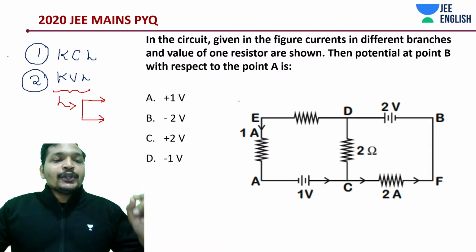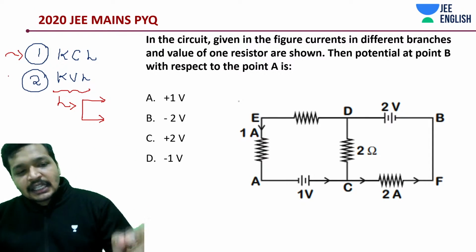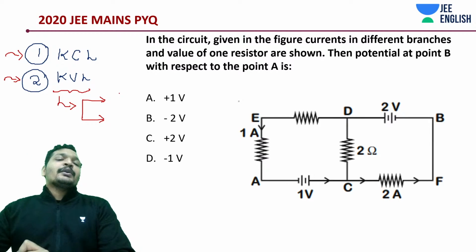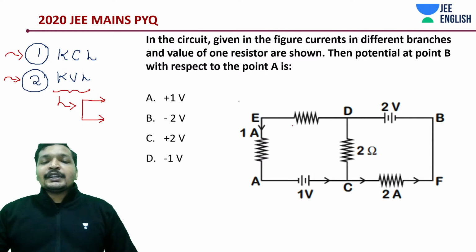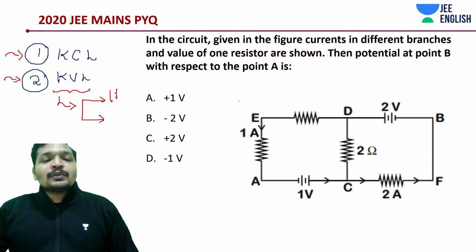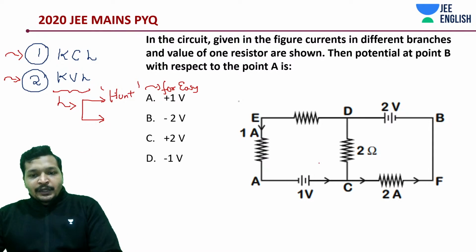But let me tell you, start with KCL, start with junction law, then write the equations for KVL and choose your equations accordingly. In these kinds of questions, the KVL equation is simple. So hunt for the easiest one that is possible. Hunt for easy, else move by this process. That is possible in this question.